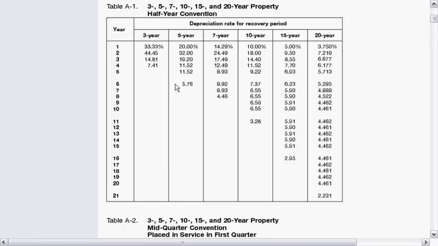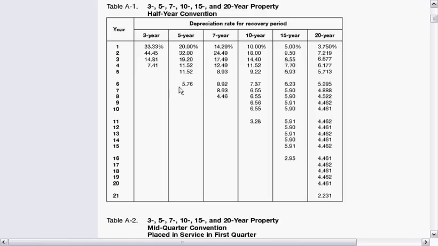Now, the other thing that's kind of strange is that there's all that stuff about half-year conventions, and this is actually the table for half-year convention on these assets. Well, what happens is that the half years are in here. So that first year you own the asset, you get less depreciation than the second year you own the asset. And that's because that first year is assumed to be just a half year.